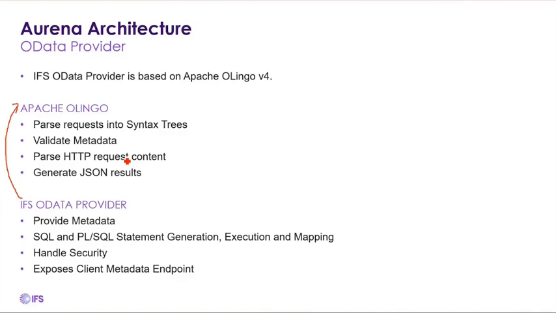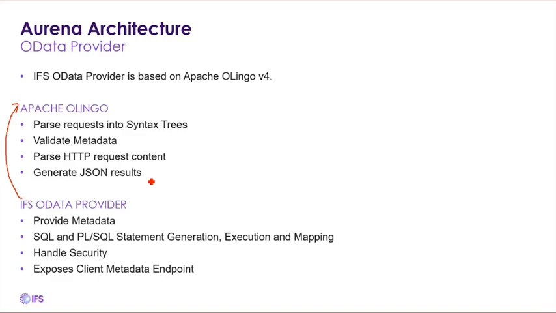Basically, if you need to validate the URLs, validate certain metadata that you're receiving in a HTTP request, and also if you need to generate JSON content, you provide some data. For example, you need to generate a metadata document according to the OData protocol. If that is the case, you provide the names of the entity sets, you provide the names of the navigation properties, fields, and so on. And that will be converted into a metadata document using some functionality available in Apache Olingo. So as a developer, you don't need to do anything.